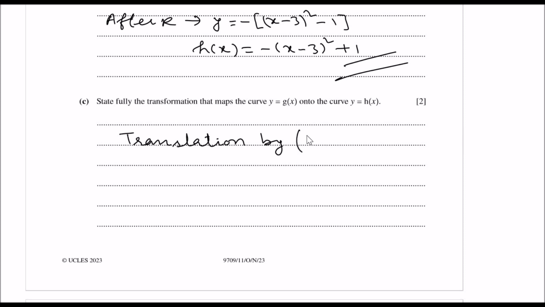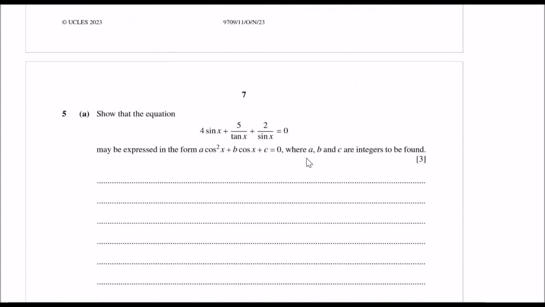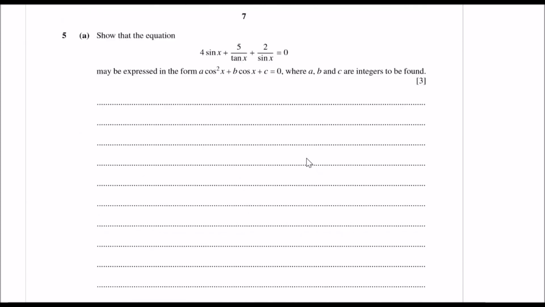There is no change in x, so 0 and 2, positive 2 because we added 2 there. So this is your answer. So for writing the word translation, we'll be getting 1 mark, and writing (0, 2) will be getting another mark. So 2 marks only for writing this much. Okay, now question number 5.